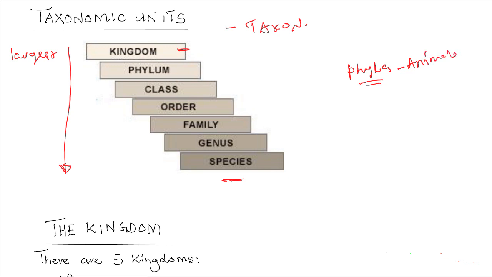In plants, kingdom is divided into divisions. So each kingdom is divided into several divisions for plants or into several phyla for animals.